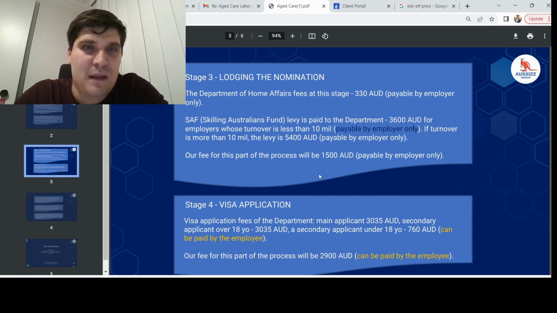But you pay that immediately once you lodge the nomination. And our fee as migration agents at this stage is 1,500 Australian dollars.